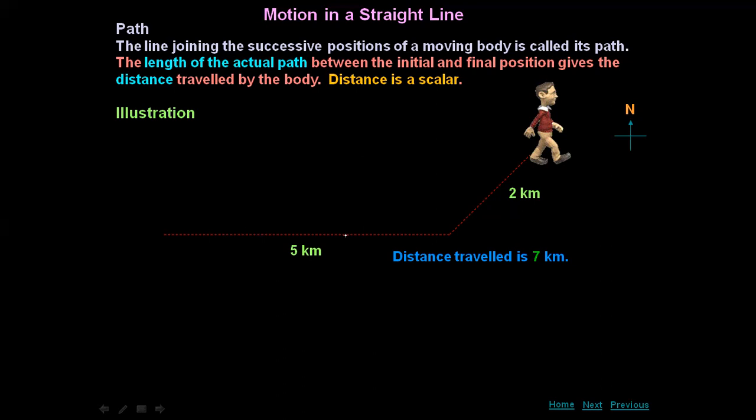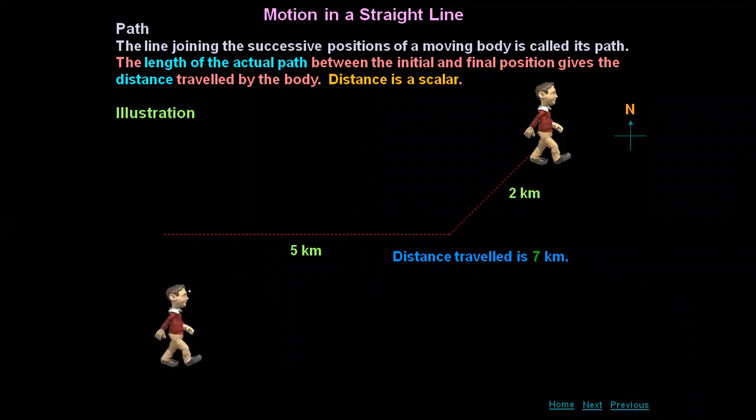Up to the end of 5 kilometers, this person was in a straight line. Then he changed his direction and covered 2 more kilometers. So the total path length is 5 plus 2, 7 kilometers. This is called distance. Distance is a scalar quantity. It has the importance of magnitude only and not of direction.